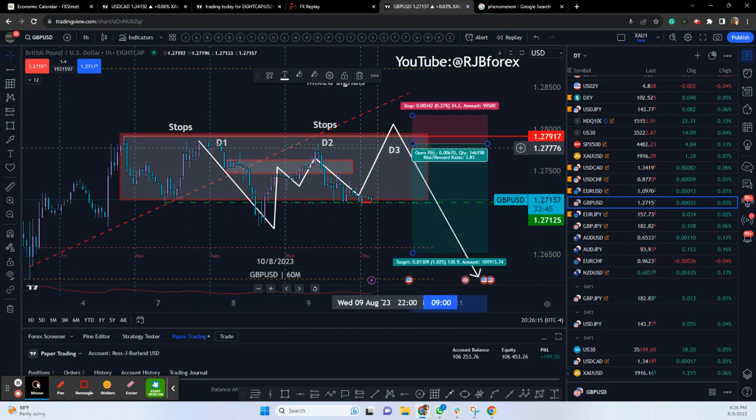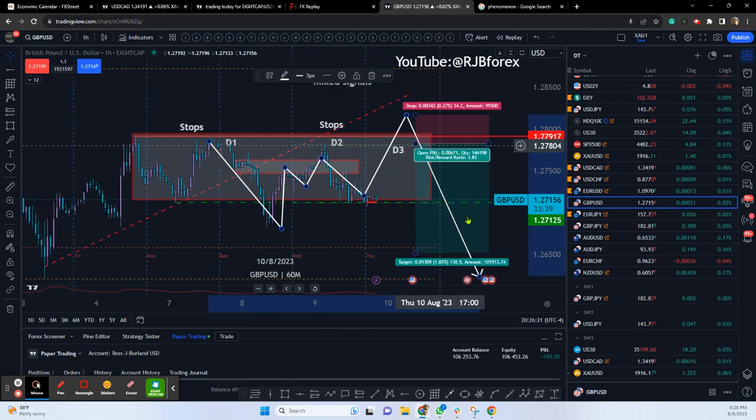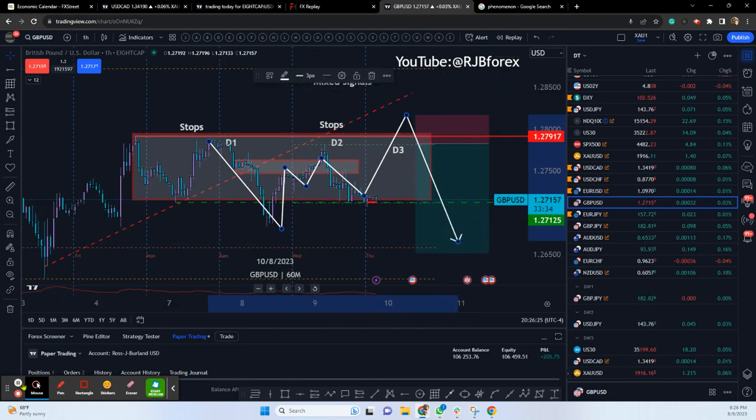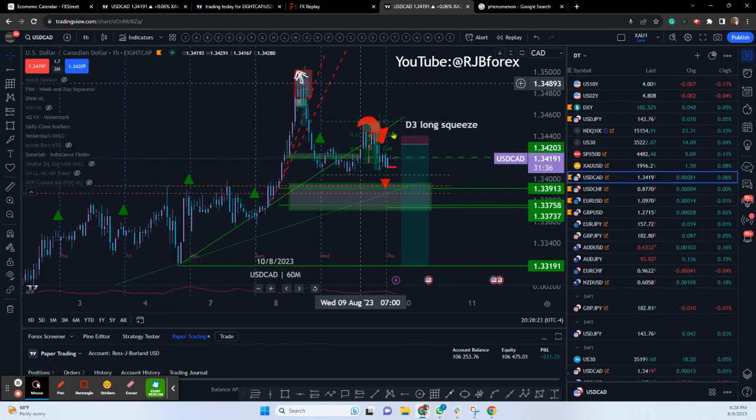Maybe we'll come up for the stops, drag traders up into counter trend line resistance, plummet. Could be the scenario. Just mention that we've also got a first red day with the CAD: it came up hard, failed, closed lower, so that's adding to the thesis.